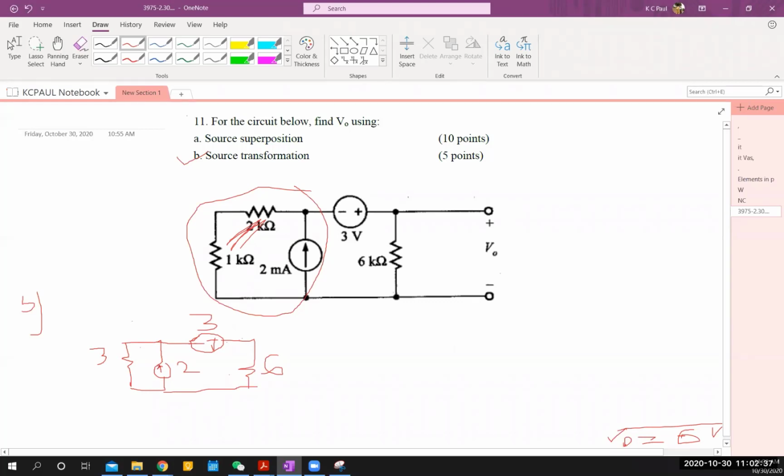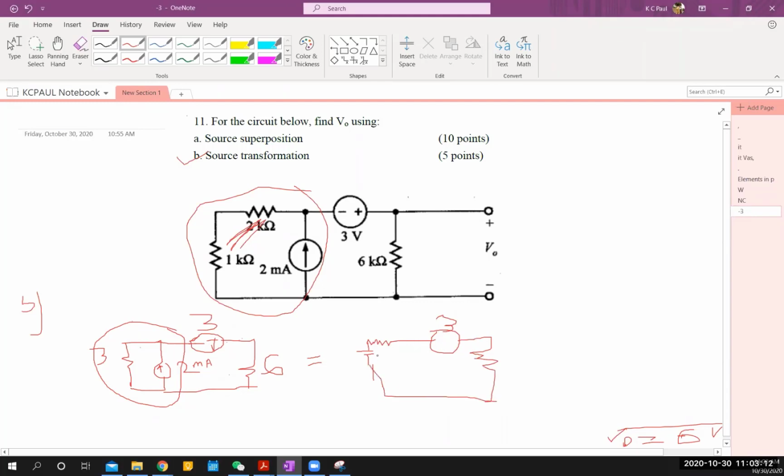Now these 3 and 2 milliamps, this one is obviously milliamps, are connected in parallel, right? So think about Norton's theorem. This portion can be transformed first. How? You get a series voltage source and a resistor, and then you have another voltage here, 3 volts, and another resistor here.